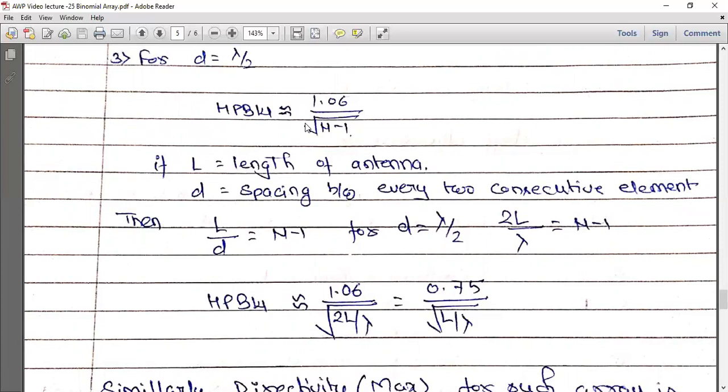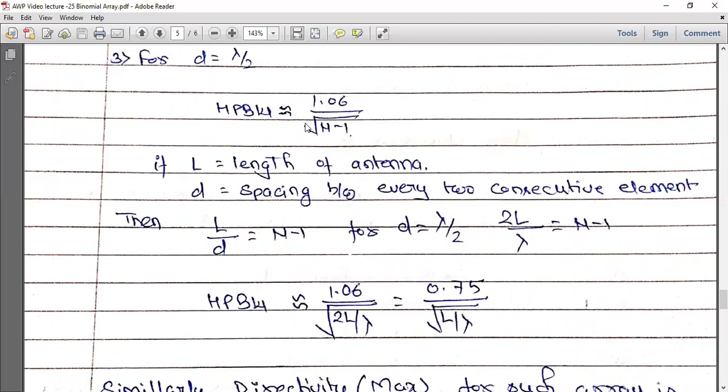Now when we talk about an n-element antenna array, if the first element is placed at point A, and the nth element is placed at point B, and the inter-element spacing is constant, that means the distance between every two consecutive elements is constant. In that case, the distance BA will be divided into n-1 sections by the positions of these n elements.